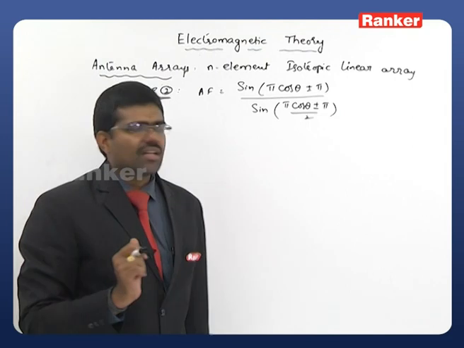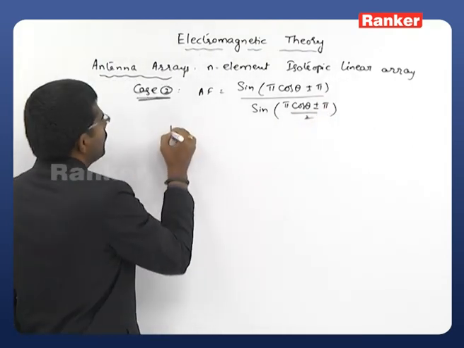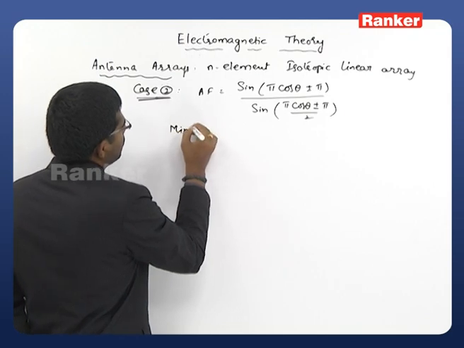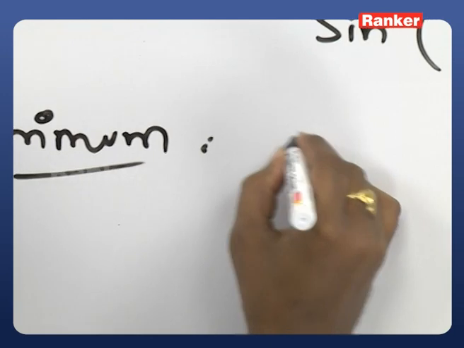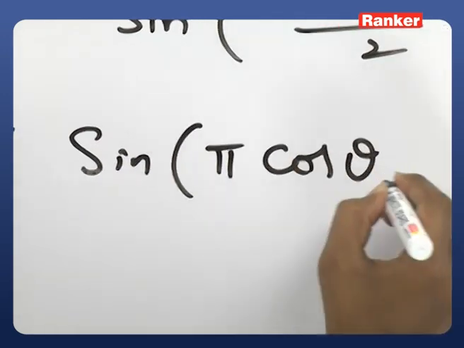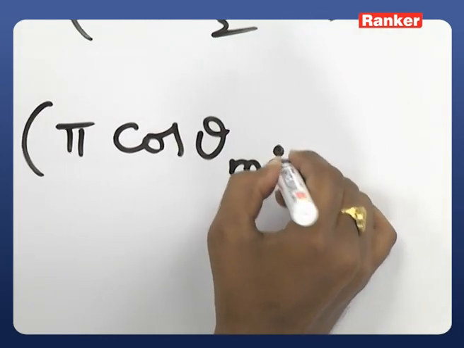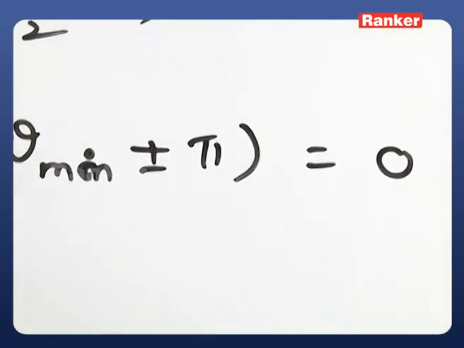For the minimum direction, what are you supposed to do? You are supposed to make your numerator 0. So for minimum direction, take the numerator. What is our numerator? Sin pi cos theta. Here I will write this as theta minimum plus or minus pi is equal to 0.